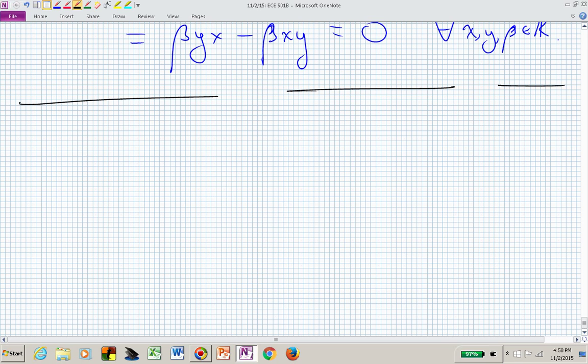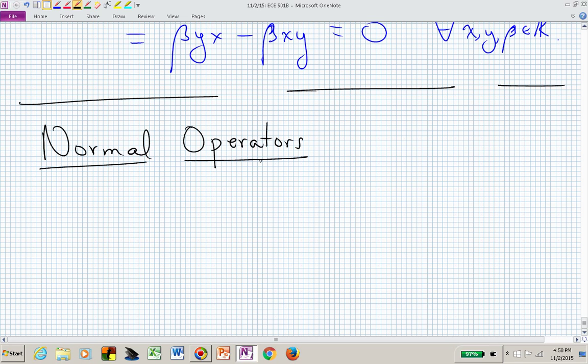Let's now start to look at normal operators. Not that we need abnormal operators, but this is now a new term, a normal operator. A normal operator, and that normal is mainly because of the norm is where that word's coming from, not abnormal, but normal.